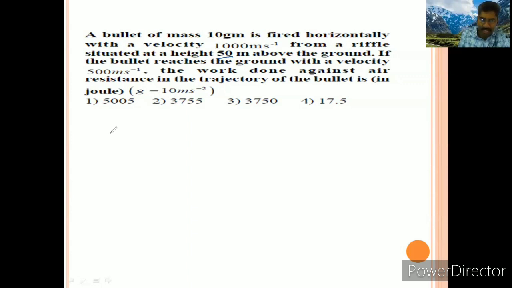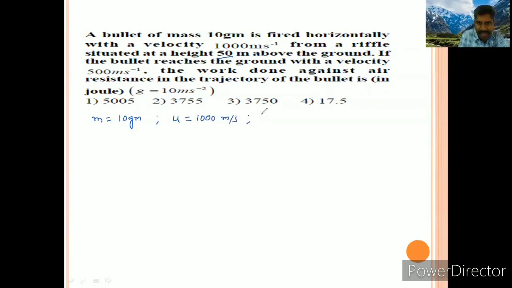First I will write the given data. Mass is given: 10 grams. Its initial velocity is 1000 meter per second.